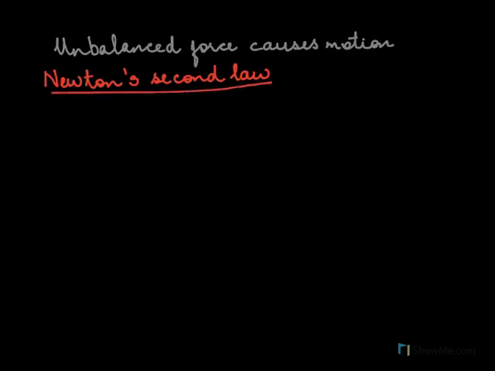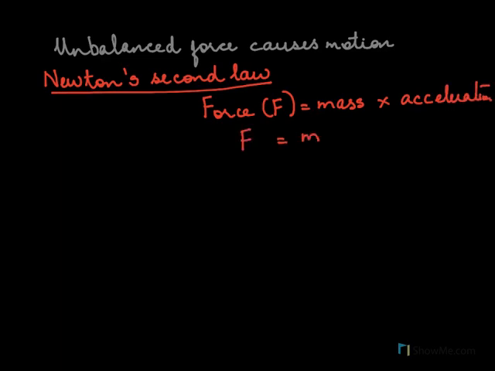Newton's second law gives us the magnitude of this force. According to Newton's second law, the force, which we will now write as F, is always mass into acceleration. So this expression F equal to m into a is given by Newton's second law.